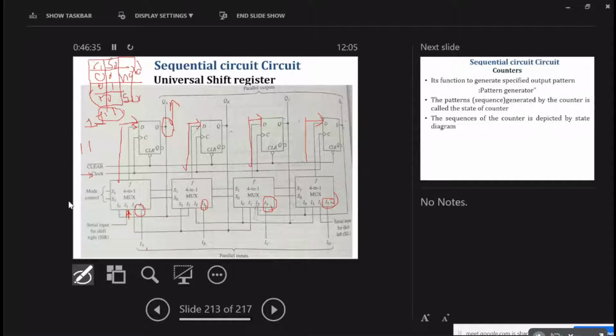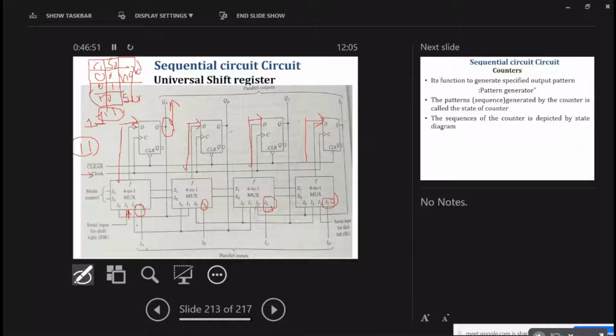So once the clock pulse arrives and the mode control signals are 1 1, we can give parallel input information and take the parallel information out of this shift register.